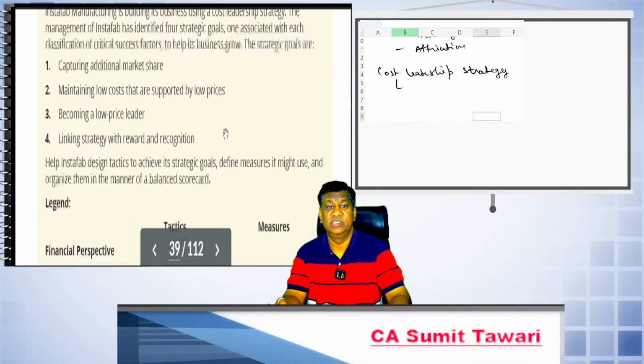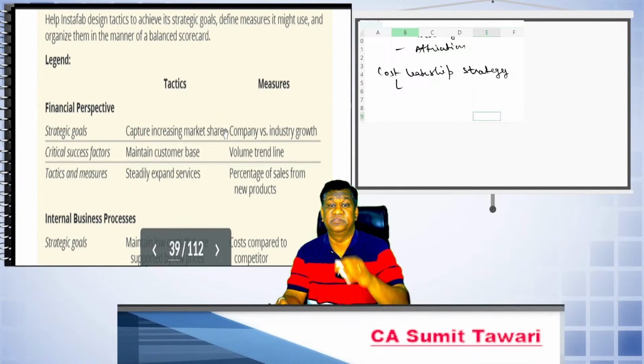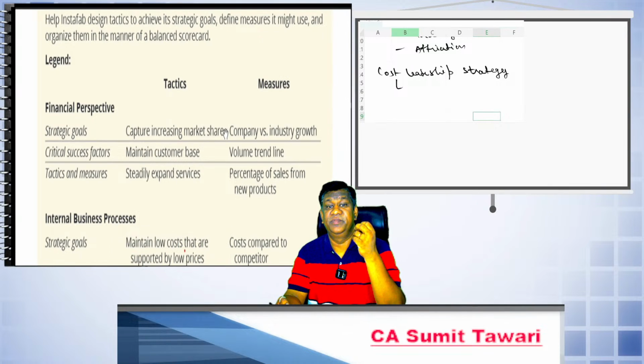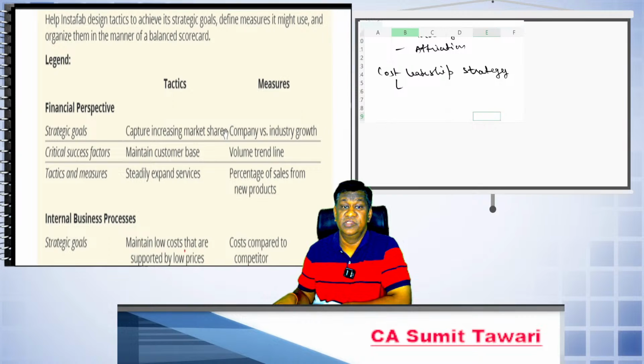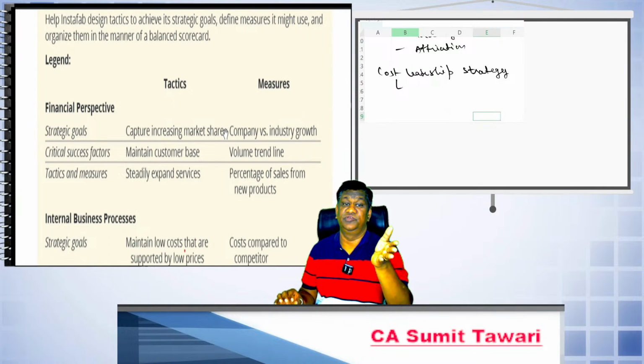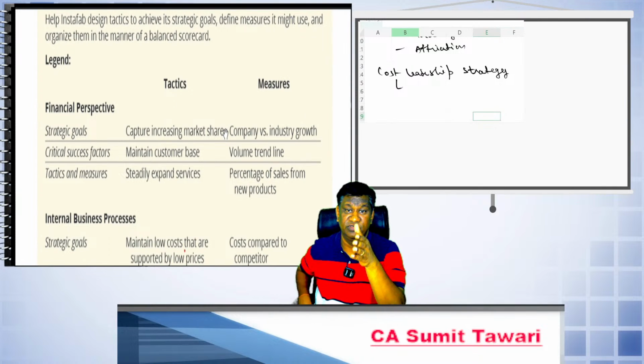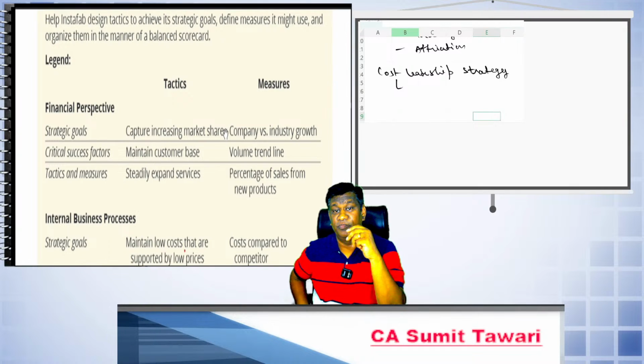If you see here, financial perspective: capture increasing market share; critical success factor: maintain customer base; tactics and measures: steadily expand the services. The measure is company versus industry growth, volume trend line, and percentage of sales. So how you are going to achieve this, you use the tactics, and how you measure the performance, you get in the measure.